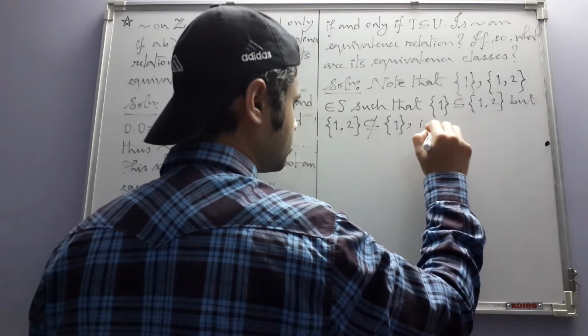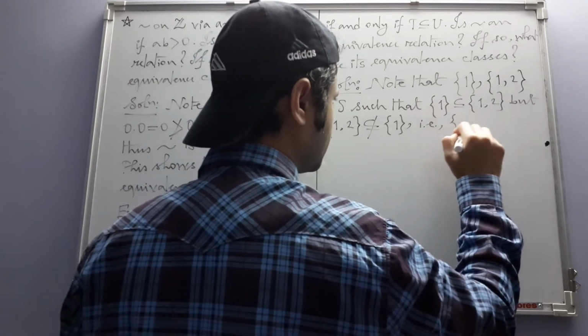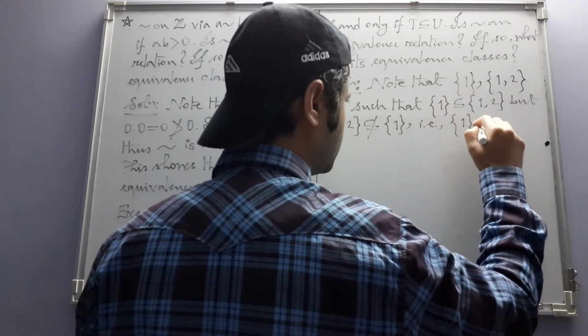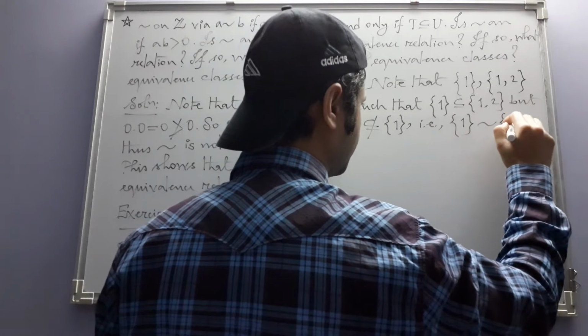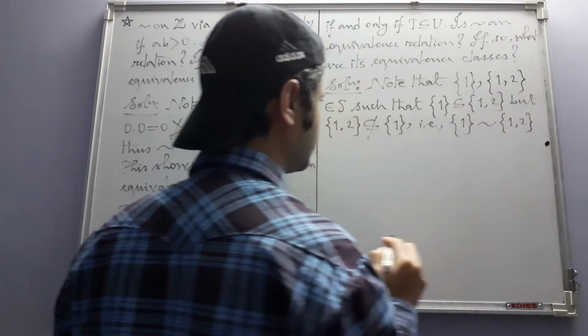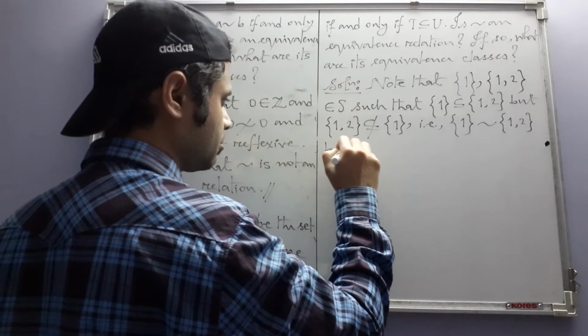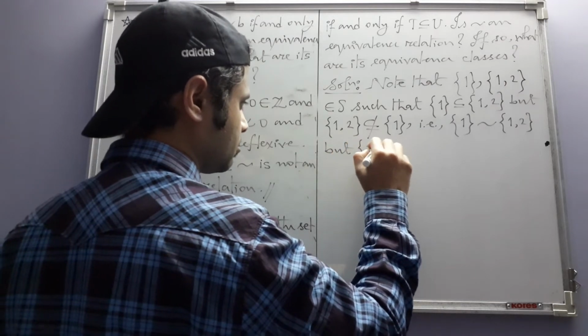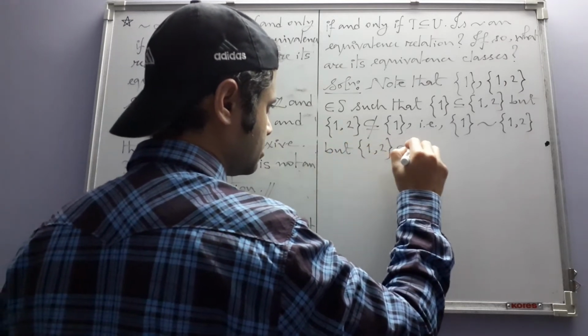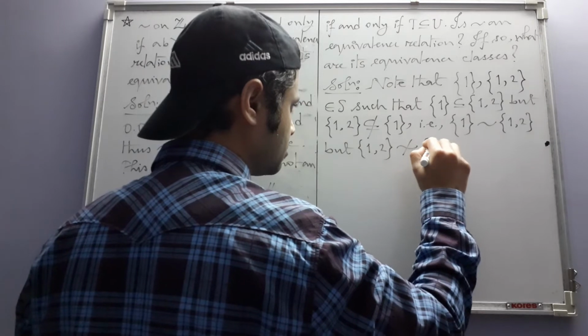That is, this is related to {1, 2}, but this set is not related to this set.